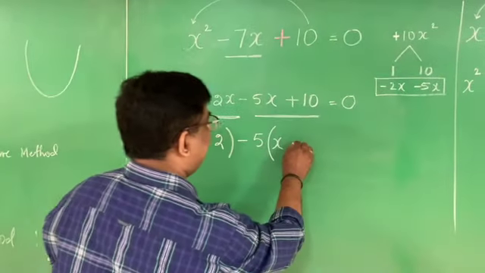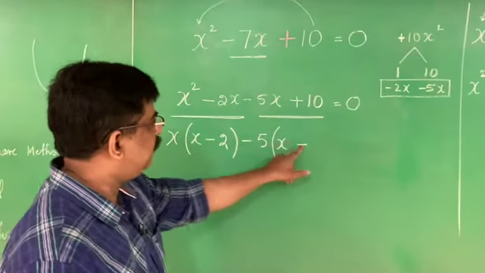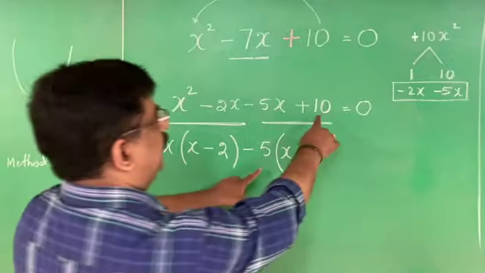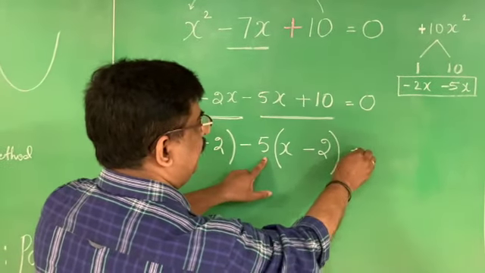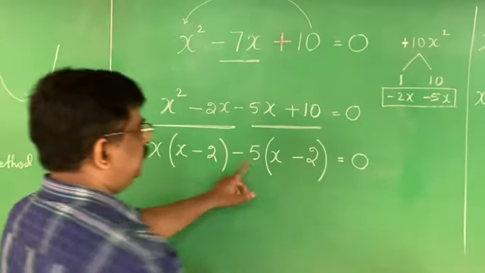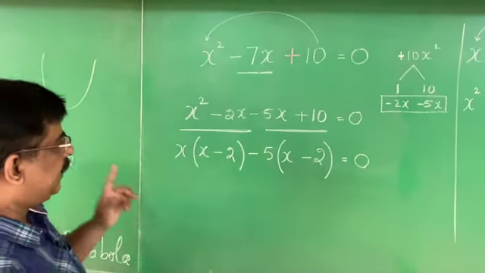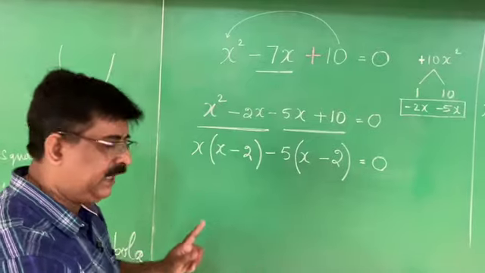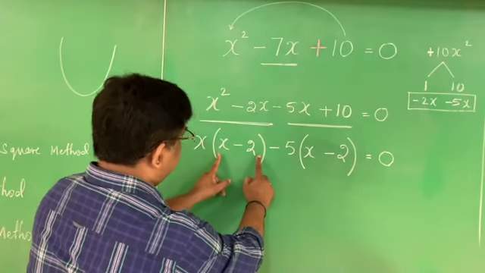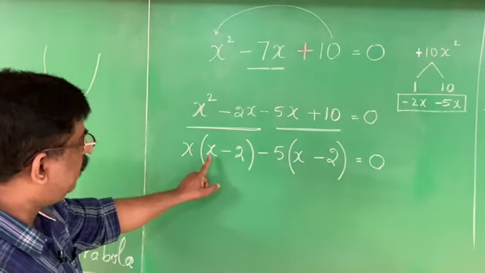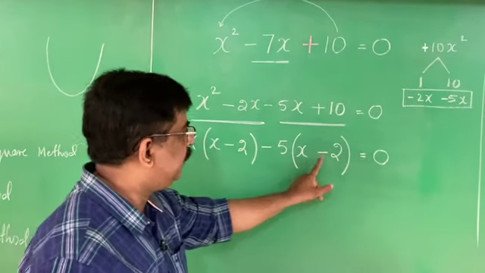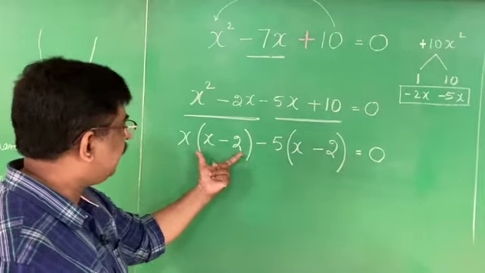Therefore it is minus. Minus into minus what? Plus. 10 divided by 5 is 2. Equals 0. This is taking the common factor. If you are taking the common factor correctly, what you get in the first bracket, the same thing you have to get in the second bracket also. Here what I got is x minus 2, here also x minus 2. You can cross check it. Both are same.